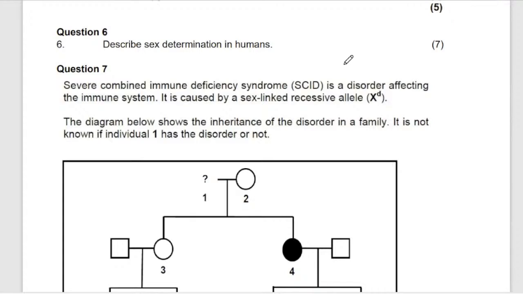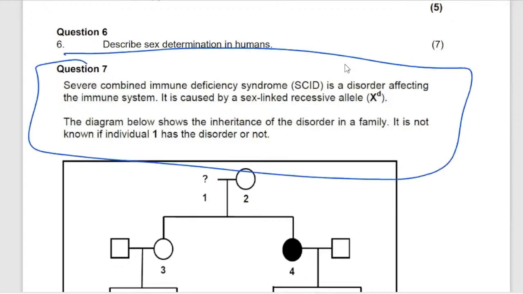How do I differentiate between the two? Sex linked, they will mention that it is a sex linked disorder. Always read what is on top here. Is it clear? Make sure that you read it.